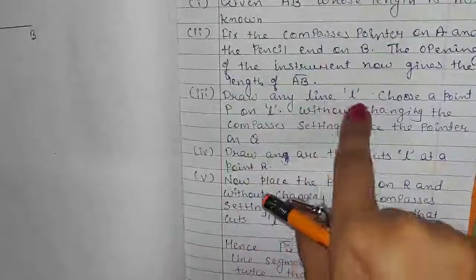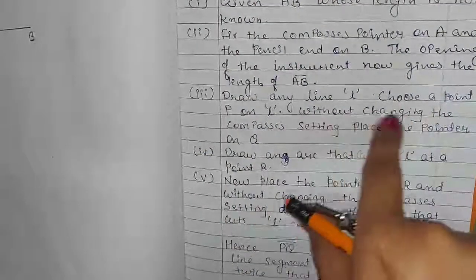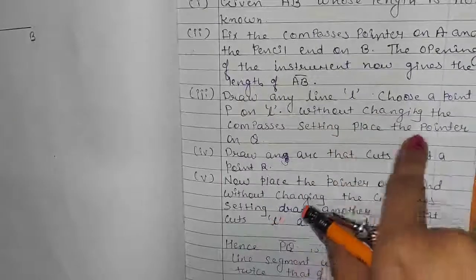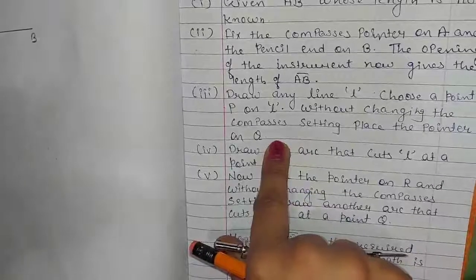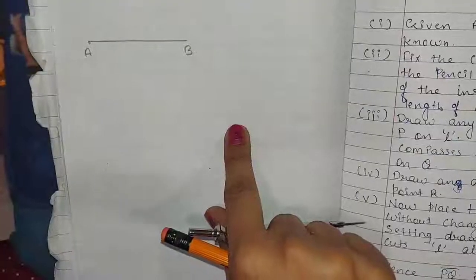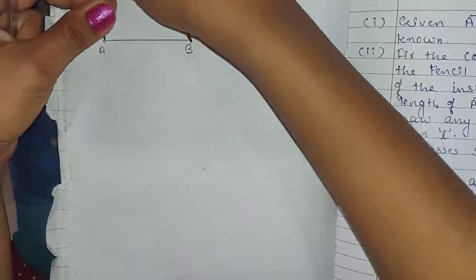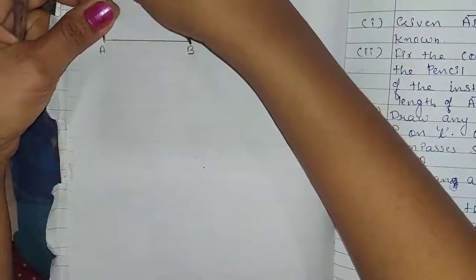Draw any line L. Choose a point P on L. Without changing the compasses setting, place the pointer on Q. So let us do these steps in the figure. The second step was to fix the compasses pointer on A and put the pencil at the end of B. So this is the distance of AB.